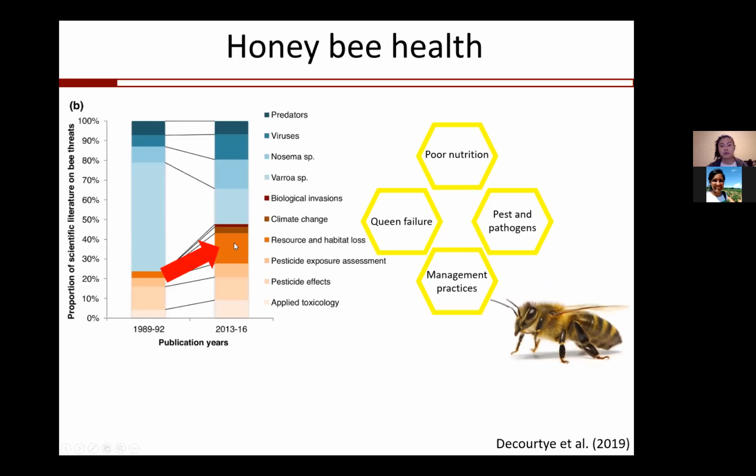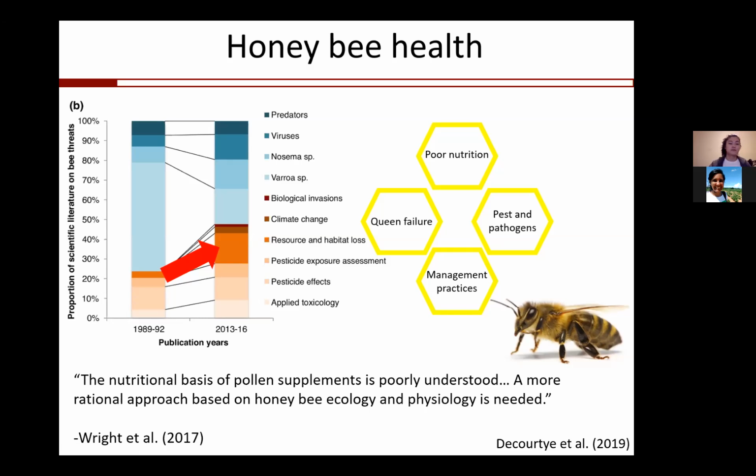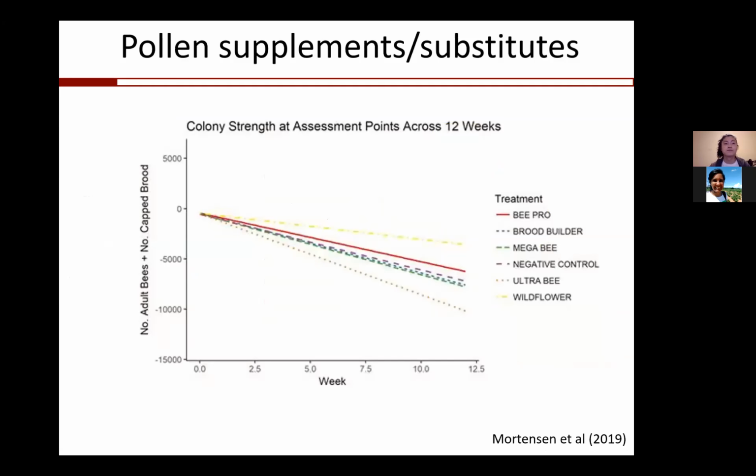One of the reasons is that the nutritional basis of pollen supplements is poorly understood, and a more rational approach based on honeybee ecology and physiology is needed. That was from Dr. Jerry Wright, who is one of the premier researchers on bee nutrition.